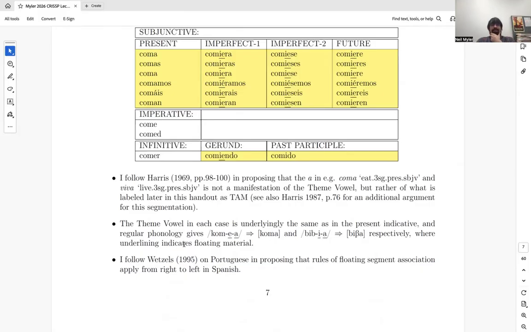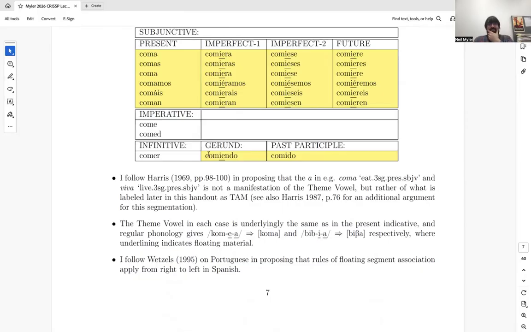And following Wetzels 1995 on Portuguese, I take it that rules of floating segment association in Spanish proceed from right to left. And that means that if you've got two floating vowels next to each other, competing for one timing slot, the rightmost one is the one that will surface. So that will give you "coma" from underlying "com," floating "e," floating "a," and "viva" from underlying "bib," floating "e," floating "a."